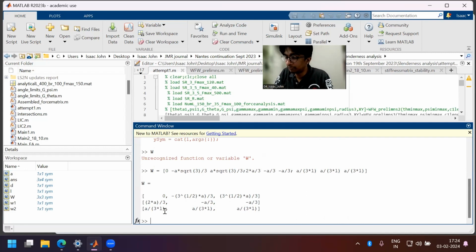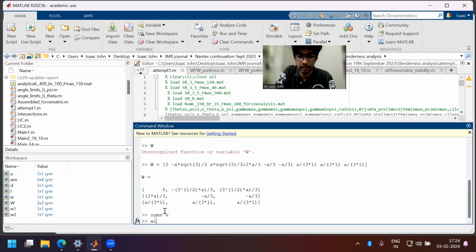So we also need to define our omegas. I'll define omega as W. Then W1 would be W. W2 would be minus square root of 3 times omega by 2 minus omega by 2, right?